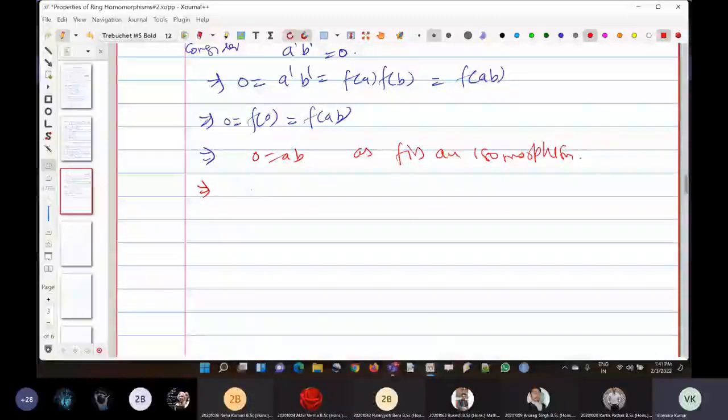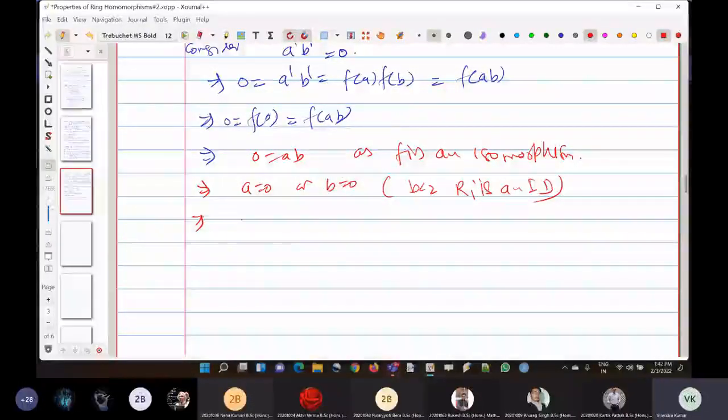Here, suppose A times B equals 0, where A and B belong to R1, and R1 is an integral domain. Therefore, either A equals 0 or B equals 0, because R1 is an integral domain.